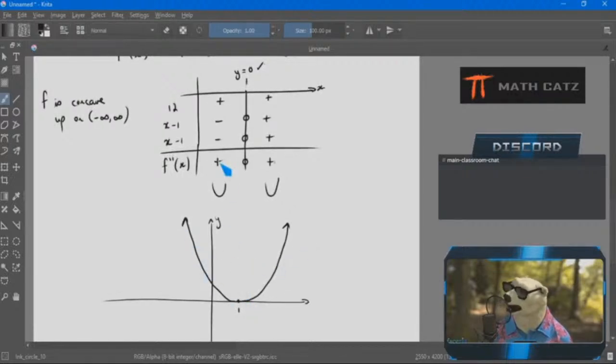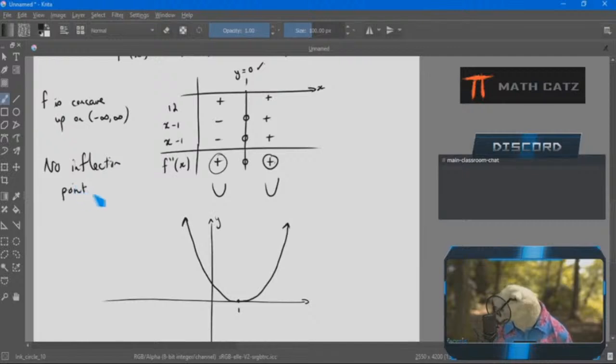So the left side is concave up and the right side is concave up, and they attach and make a full turn. So I need that for it to be an inflection point. I need the bend to actually change. So there is no inflection point. It has no inflection point.